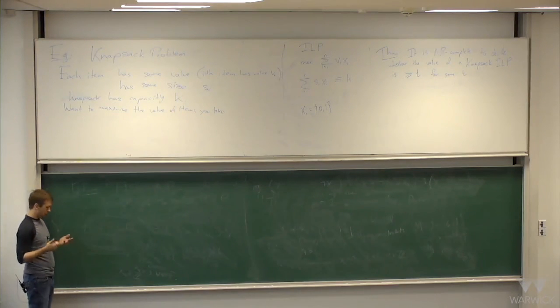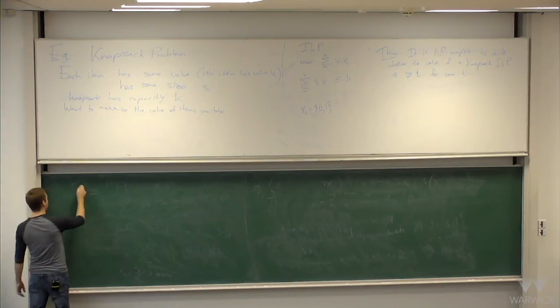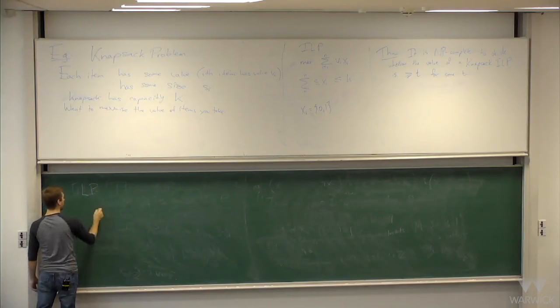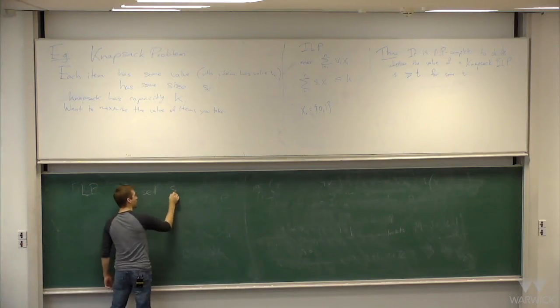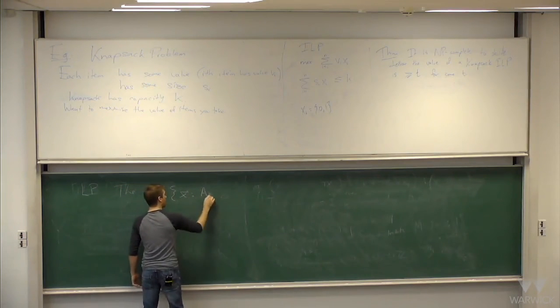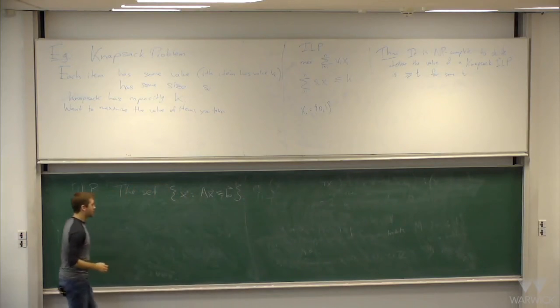Remember, there's something we didn't prove about linear programs, but I mentioned it. You have a linear program, so you're optimizing over the set of vectors where Ax is at most b.